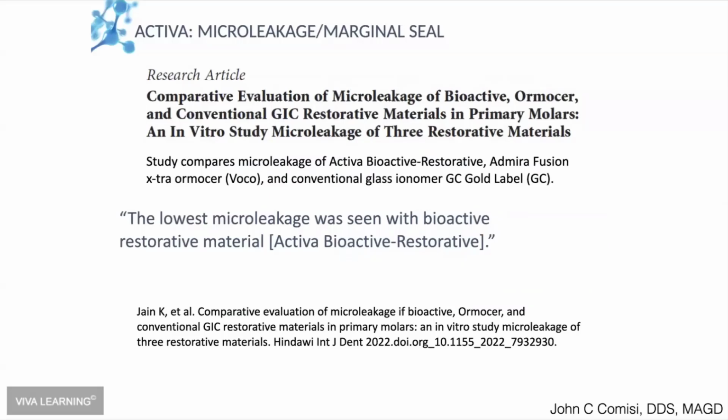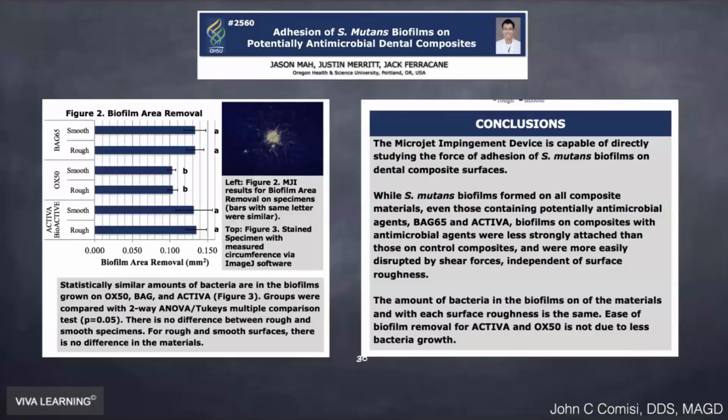Another article, again focusing on the Activa materials, showed that compared to an Ormocer and a conventional GIC restorative material, there was the lowest microleakage seen in the bioactive material that was being used at that point in time.